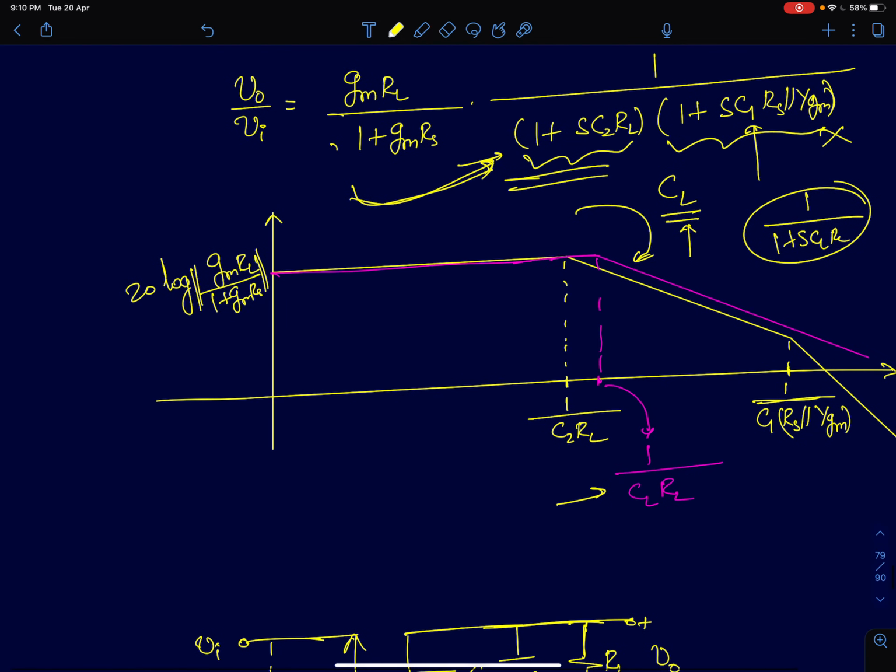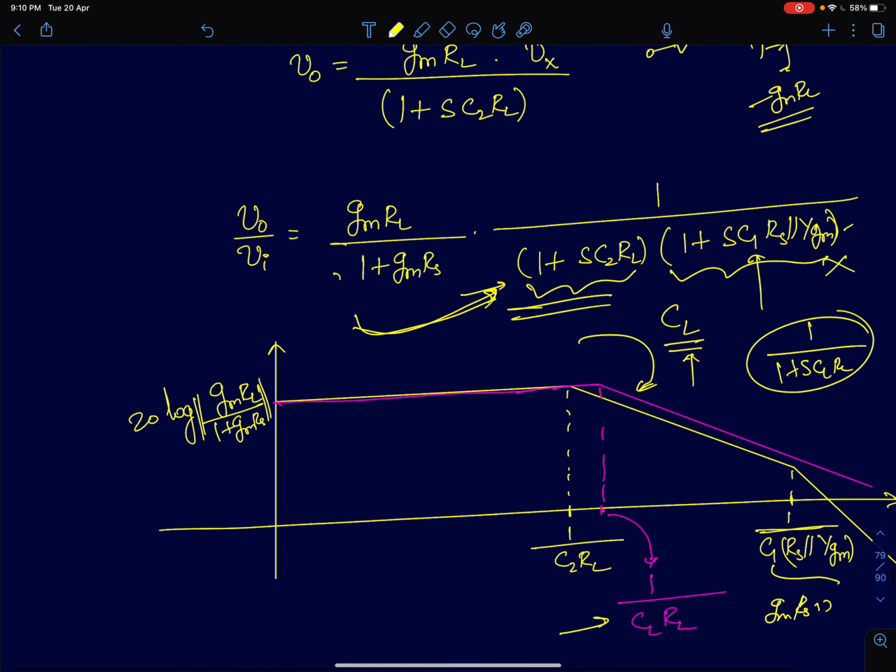If I assume gm RS to be much greater than 1, then I can approximate the second pole, 1 by C1 into RS parallel 1 by gm, as approximately gm by C1. I can assume this to be at a much higher frequency because 1 by gm is a very low impedance. The pole is generally given by the capacitance times the impedance seen there. If the impedance value is less, then the pole will be at a higher frequency.